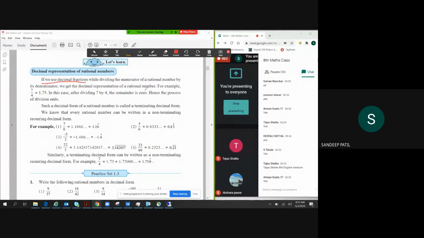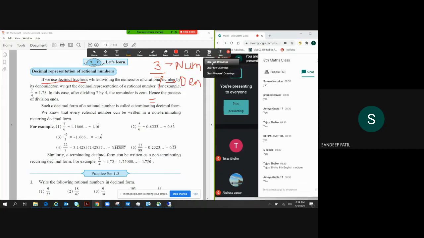That whenever there is a rational number, we divide the numerator by the denominator. Suppose this is 3 by 7, then 3 is the numerator and 7 is the denominator, right? Whenever we carry out the division, whatever is represented is a decimal number.